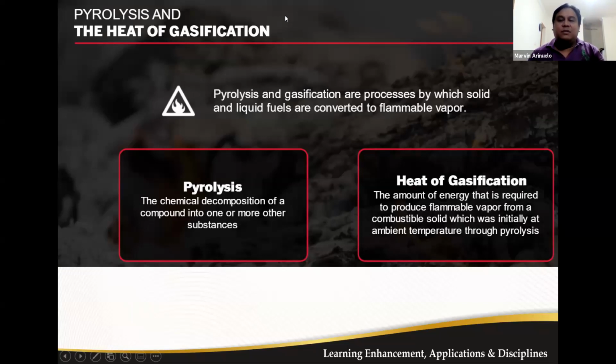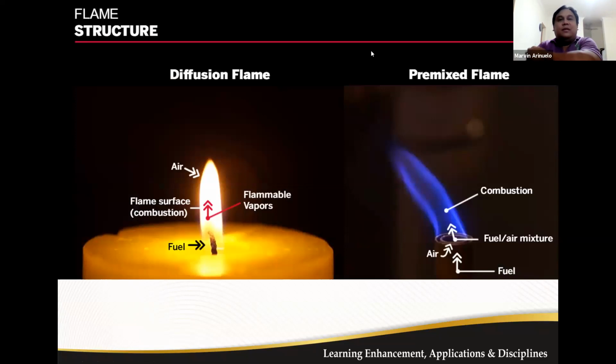On the other hand, if plastic is heated, it will undergo a two-step process in which it will first melt, because that is a characteristic of plastic, and become a liquid that is then vaporized into a gaseous fuel. Okay? Again, that is the term heat of gasification, the amount of energy to produce flammable vapor from the combustible liquid through pyrolysis. Now let us discuss the flame structure.